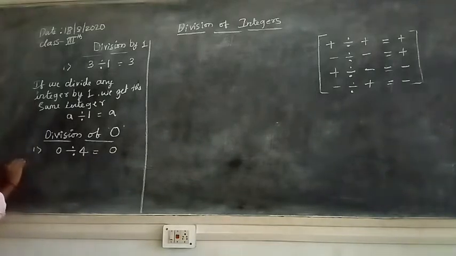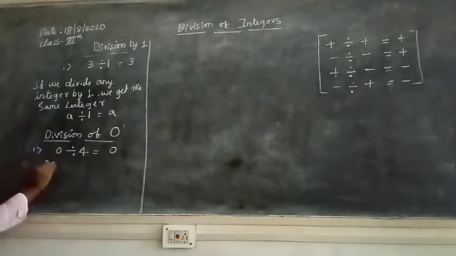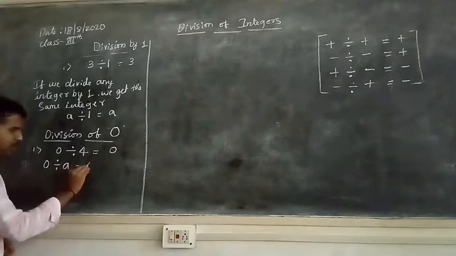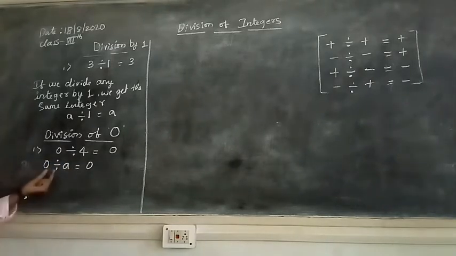So in general, how to write this? 0 divided by a equals 0 only.